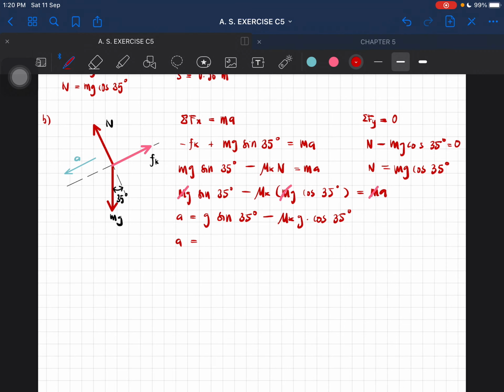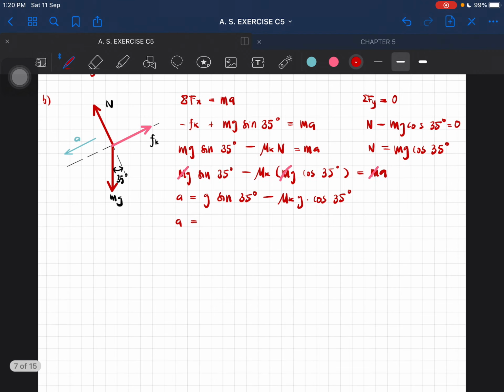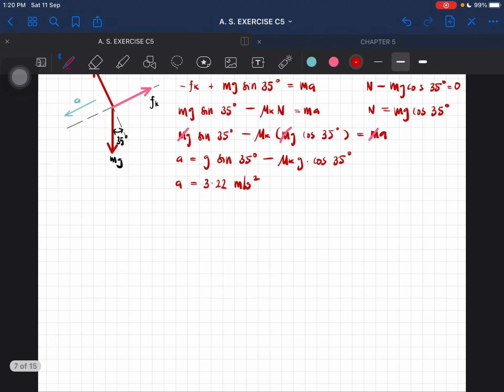You should get the acceleration to be equal to 3.22 meter per second square. Then we have to find the speed by using v square equals u square plus 2as. So v square is what we are looking for.